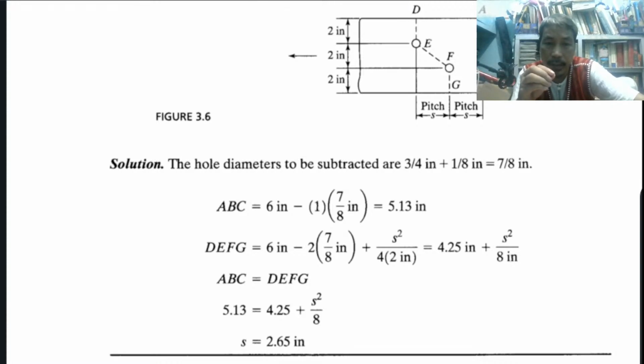Now, if there are times that you are given unknown terminologies, unknown specifications, or an unknown line of solution, what we mean by line of solution is the process, line by line, and so on up to the result.